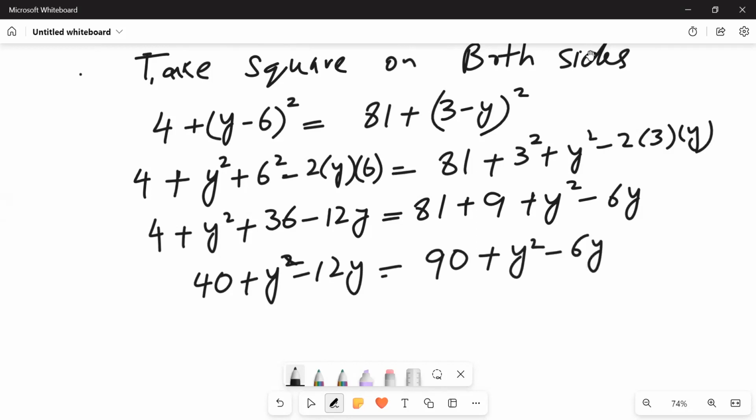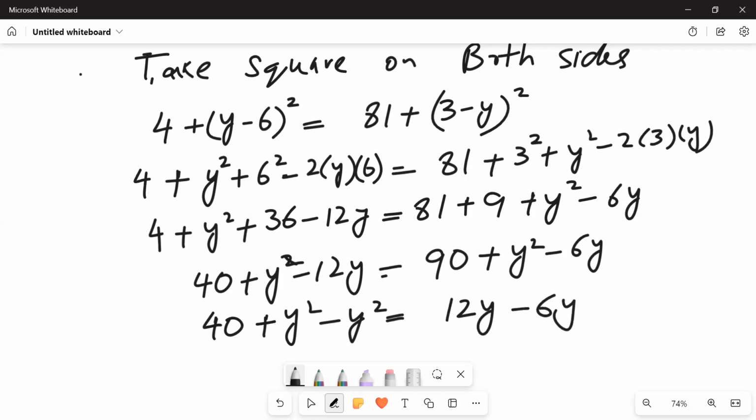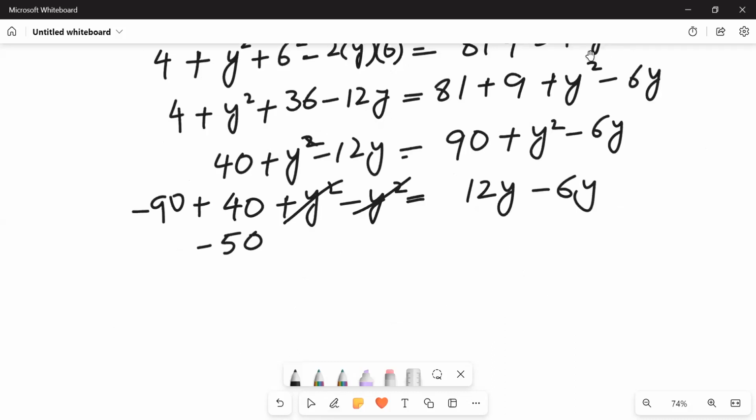This y square we can cancel out directly because y square minus y square is 0. So if I shift 12y to this side and shift this 90 to the other side, this we can cancel. This will be 50 and this will be 6y.